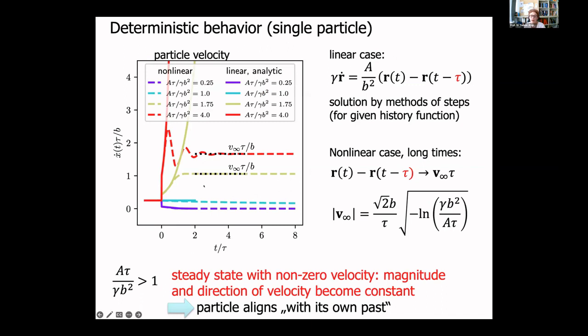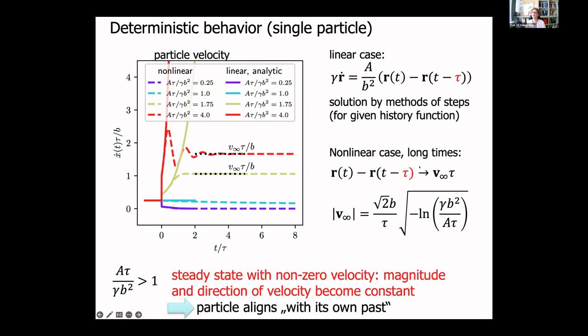I mean, in the limit a to 0, nothing happens. But if this a parameter is sufficiently large, then we can actually get a long time steady state where the particle assumes a constant finite velocity. And this is really an effect of the nonlinear feedback.